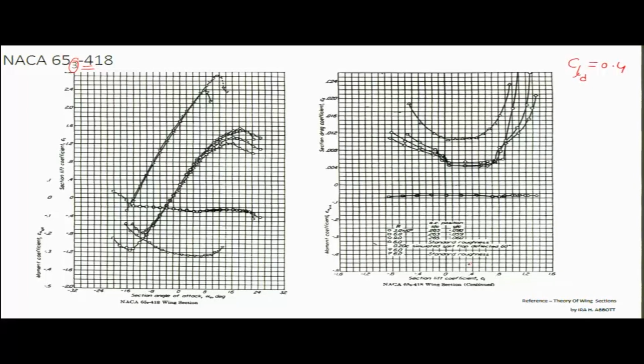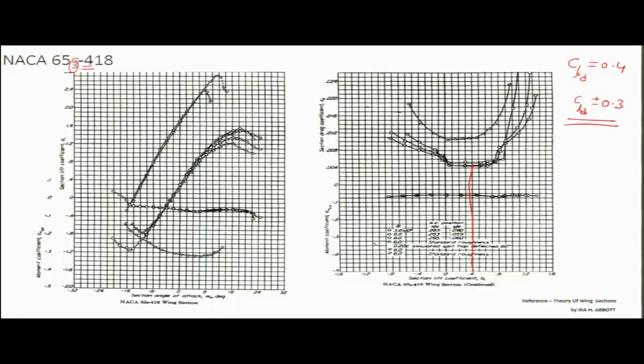Now, the subscript 3 represents the regime in which CD remains constant, which is plus or minus 0.3 of this CL design. So in this regime CD will almost remain constant.